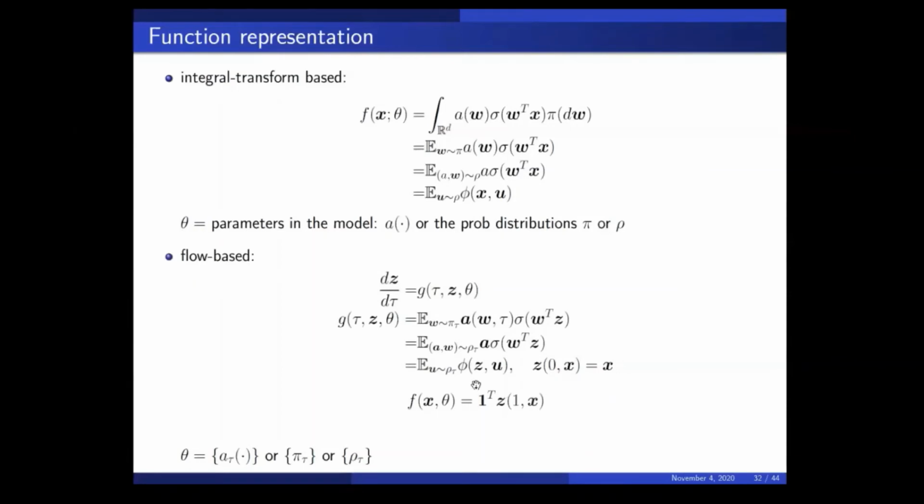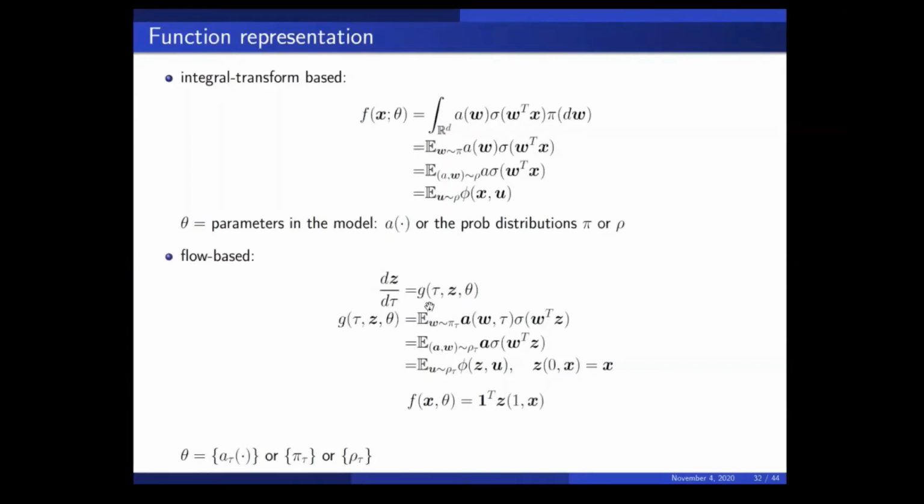Another kind of representation is that we represent functions from the result of a nonlinear dynamical system. So let's consider this kind of dynamical system. The flow map at time 1 would be this function, and this is generally a nonlinear mapping. And we just add all the components up, we get a scalar function.